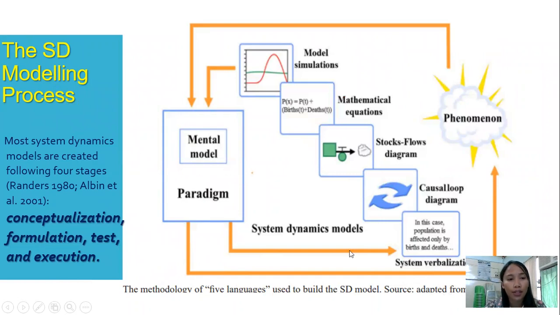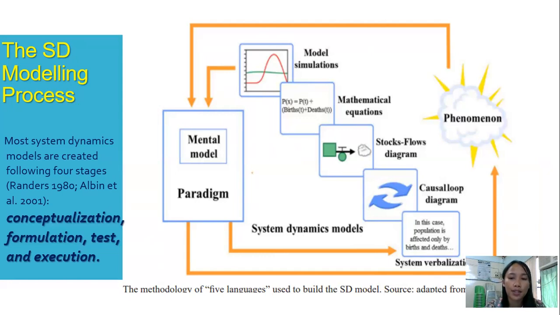Here is a methodology. For every phenomenon or event that happened, we should understand the mental model, or the paradigm that governs it. This paradigm of system dynamics model starts from system verbalization.